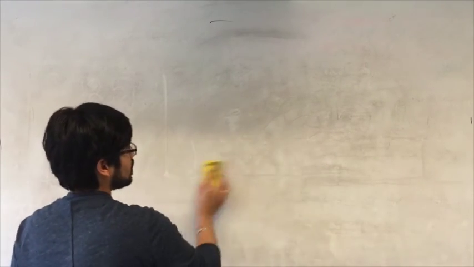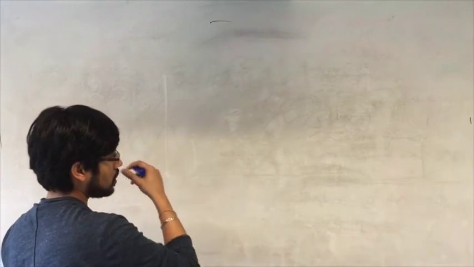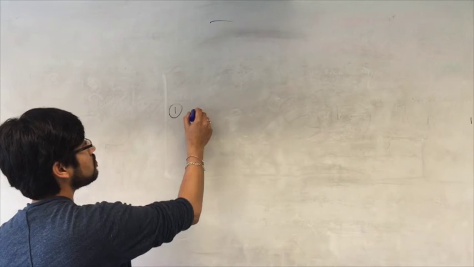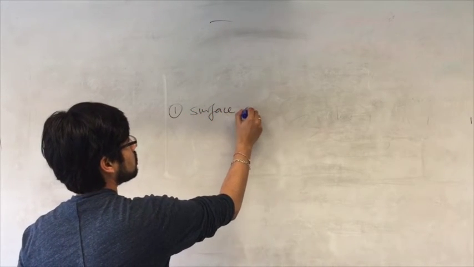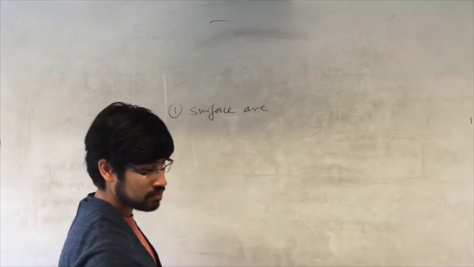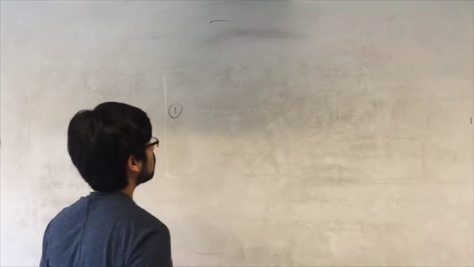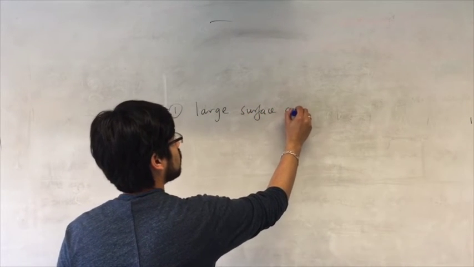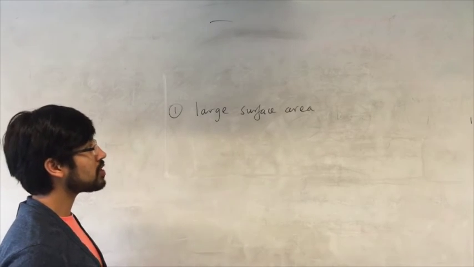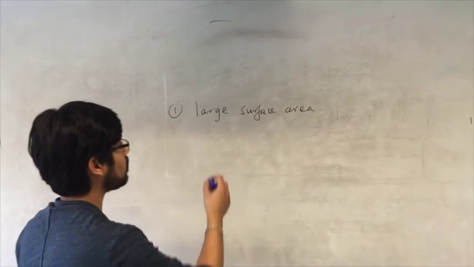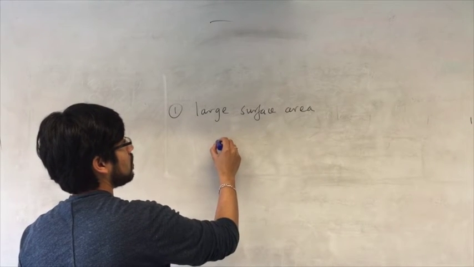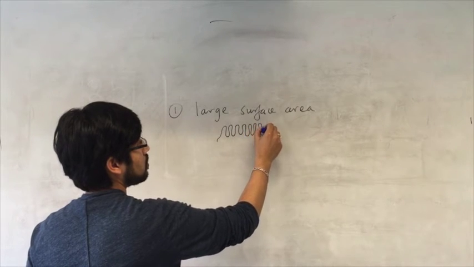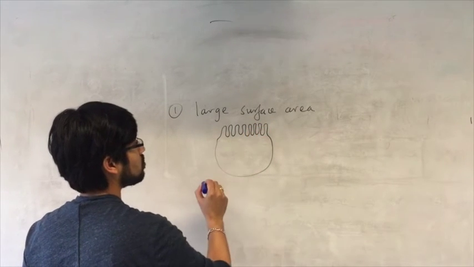So exchange surfaces then, they have developed ways to maintain these concentration gradients. So first you've got a large surface area. So all exchange systems tend to have a large surface area. It might mean that cells fold their cell membranes in this way, right?